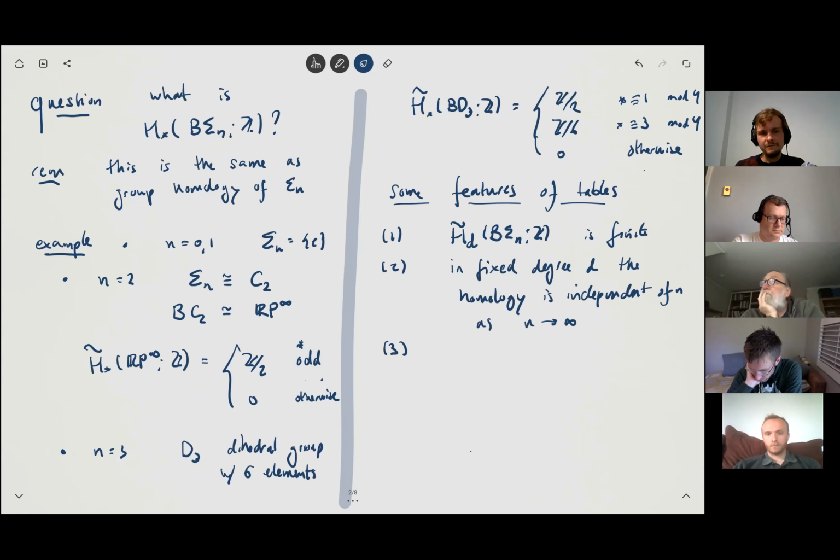Now, there's a couple of more that when you go back and look at the notes, you can observe, which will be interesting when I look at applications. So the first one is that the homology only increases in size. So the groups become larger and larger. They never become smaller as you increase n.